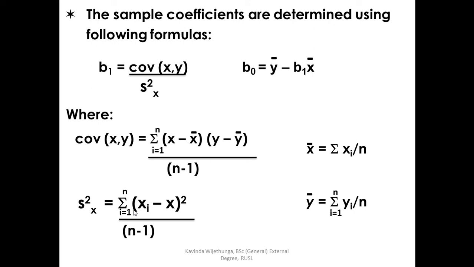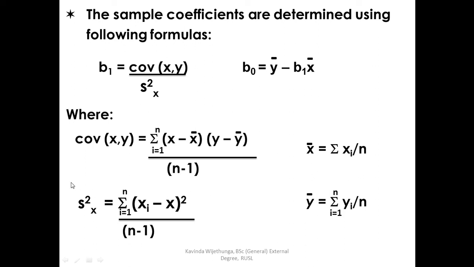The sample coefficients are determined using the following formulas. b1 you can find as the covariance of xy over the variance of x, right? The covariance can be defined as the sum from i equals 1 to n of (xi minus x bar) times (yi minus y bar), divided by n minus 1, where x bar equals sigma xi over n.